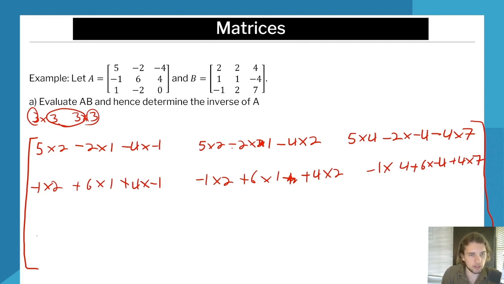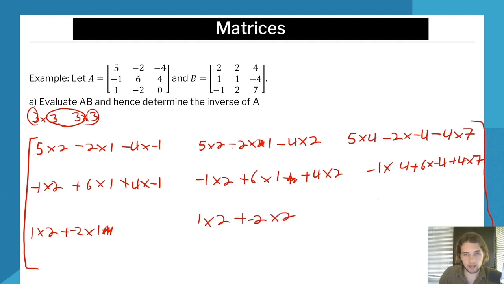And we can finally finish off with row 3. So we have row 3, column 1: 1 times 2 plus minus 2 times 1 plus, we can ignore the zeros because they're obviously going to just cancel out everything. So we have 1 times 2 plus negative 2 times 2.